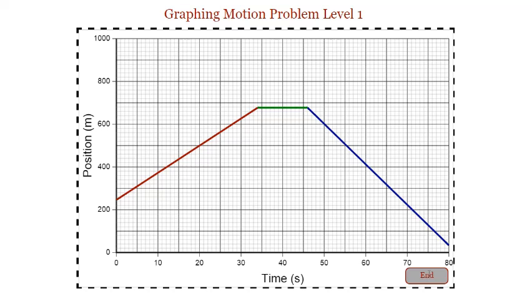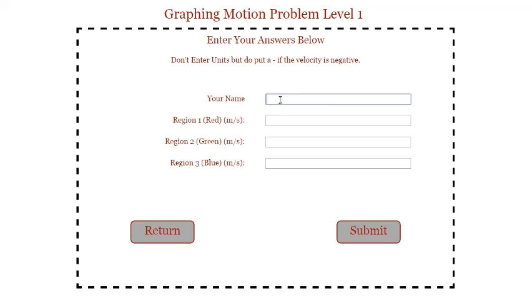So let's try it. I can put in my name, and remember it asks you for the different segments. My first segment was 13.5, and it's understood to be in meters per second, so I don't think I have to enter the units there. My middle section, when we were stationary, was 0.